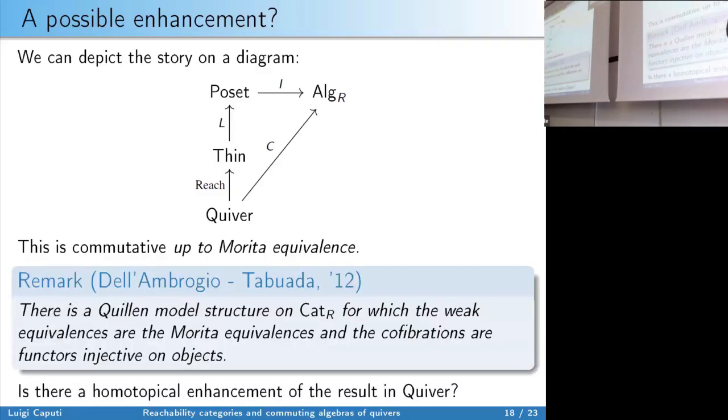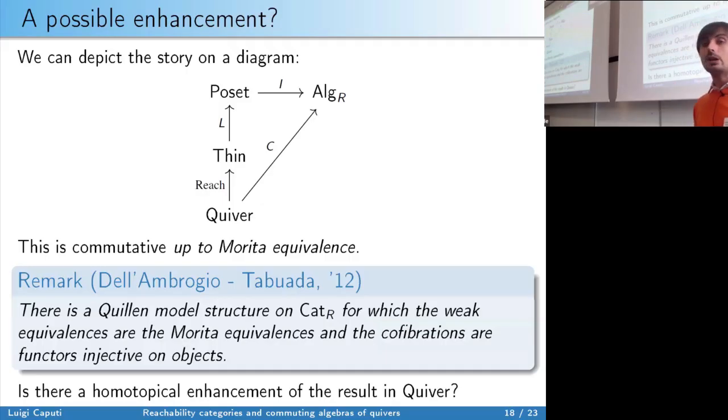It's a theorem by Delambroge and Taboada that says that in the category of linear categories, the weak equivalences are the Morita equivalences that we described a couple of minutes ago, and the cofibrations are functors which are injective on objects.